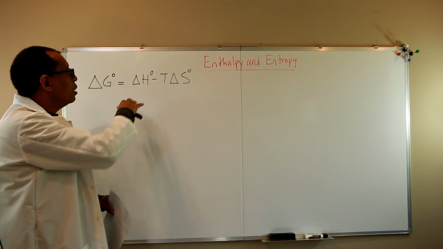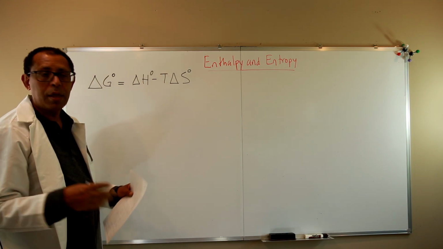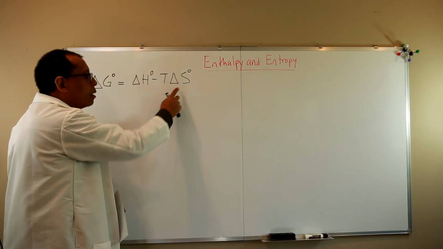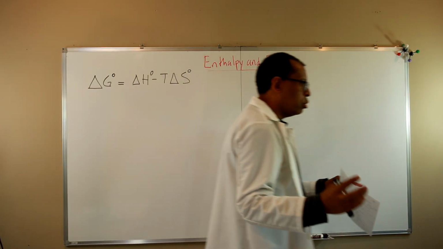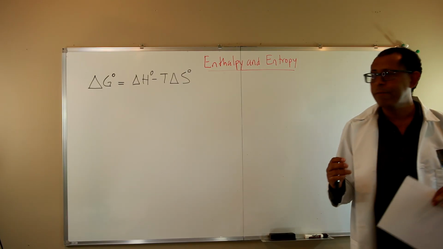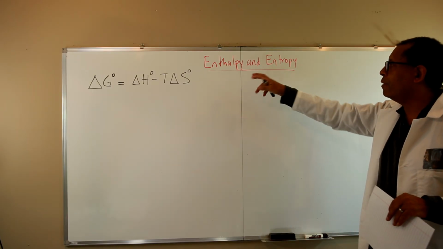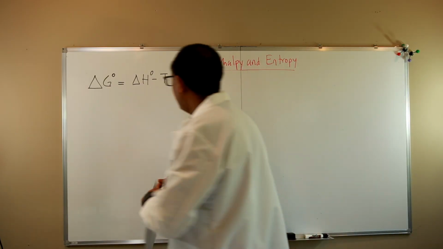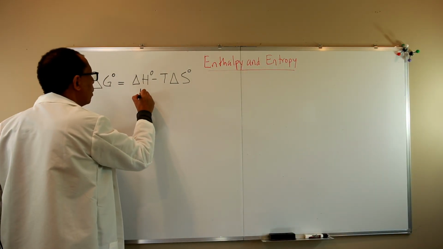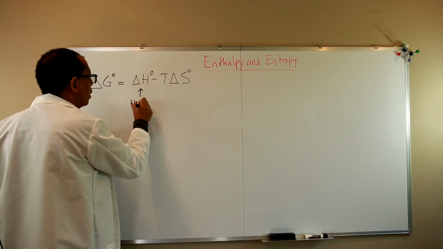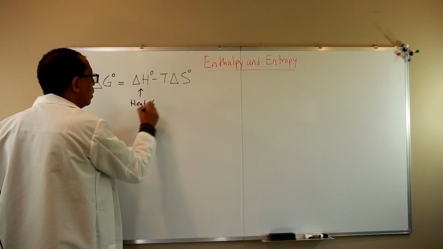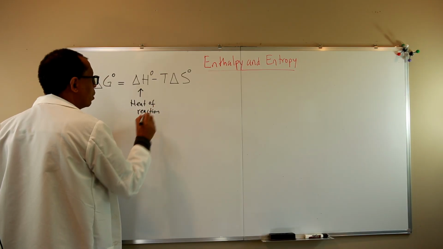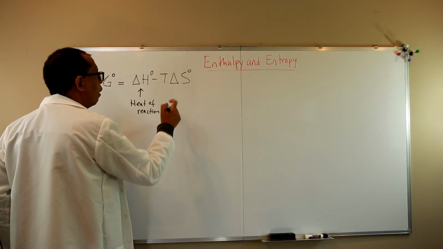So it's not only just enthalpy change, the heat energy that changes in delta H, there is also entropy change. I want you to have an overall idea of enthalpy and entropy. So the enthalpy is this portion, that is heat of a reaction, either during the reaction heat could be absorbed or given off.